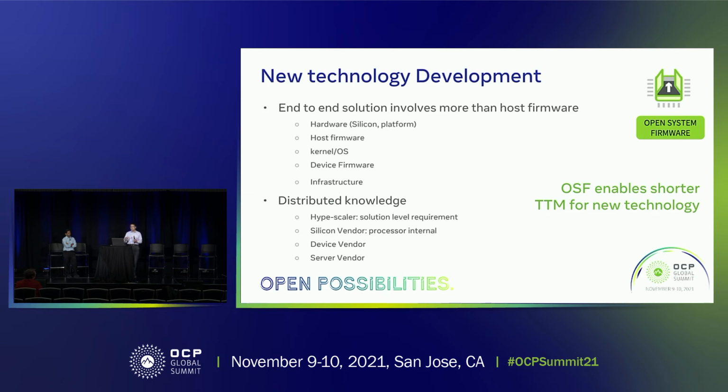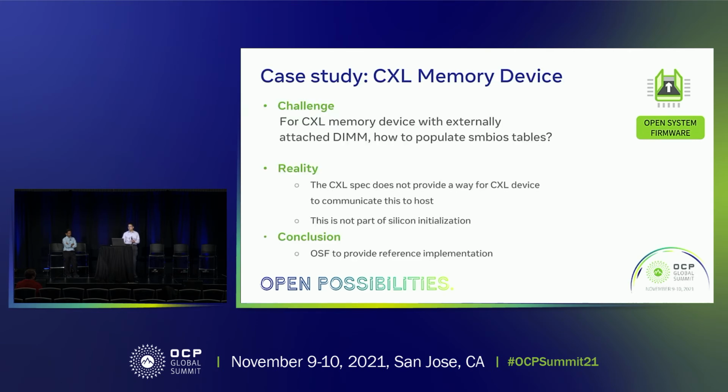Another is distributed knowledge. In the industry, the knowledge is distributed among the players, right? So how would we as a user be able to get the experts together, to work together, and understand them and work with them well? That's our focus. That's what OSF brings us, to enable us to do new technology development.